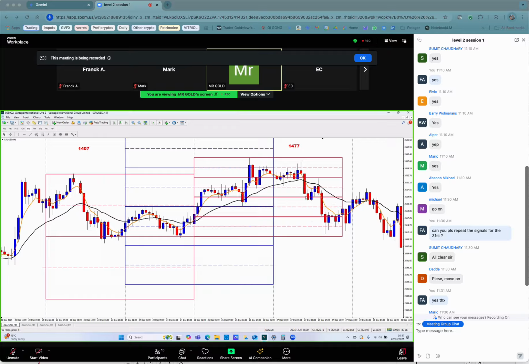Then we have a body close below the full line, leaving a gap to the half line, reverses for a bit, comes back down, creates another body close here with a gap to this line here. So 2 signals still active, no SL, one with a gap here, one with a gap here. This one goes and gets hit first, and then the following one hits this one as well.